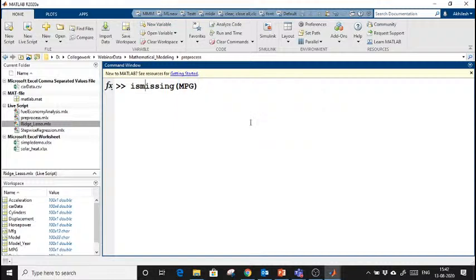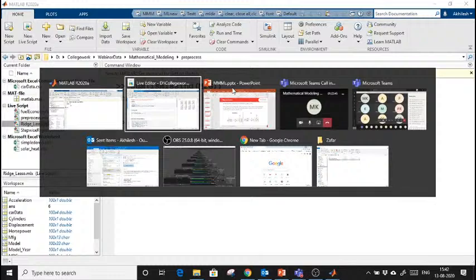If a value is missing, it will give me 1, so I sum it, and it tells me the total number of missing values. So in my list there are 6 missing values. If you have missing values, you cannot apply the Lasso or Ridge algorithm on that.